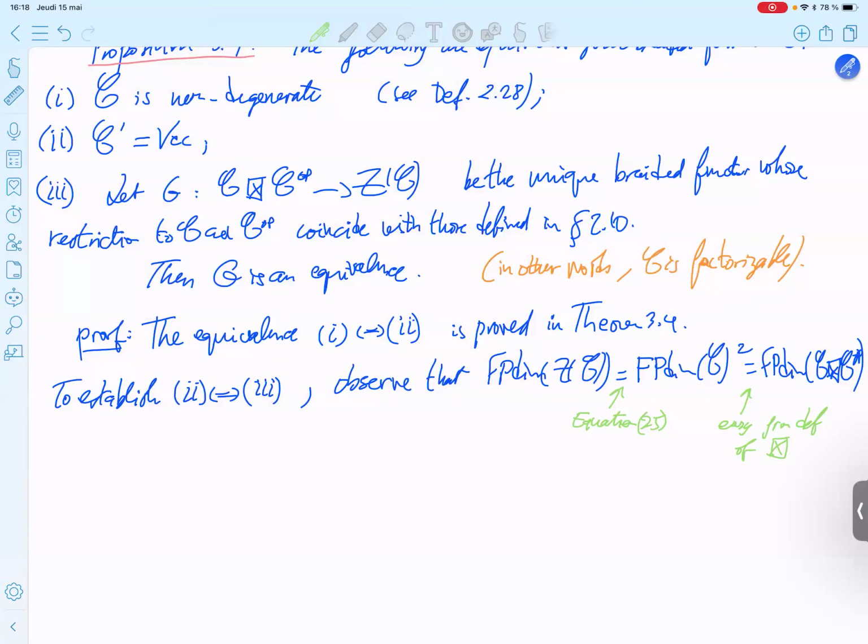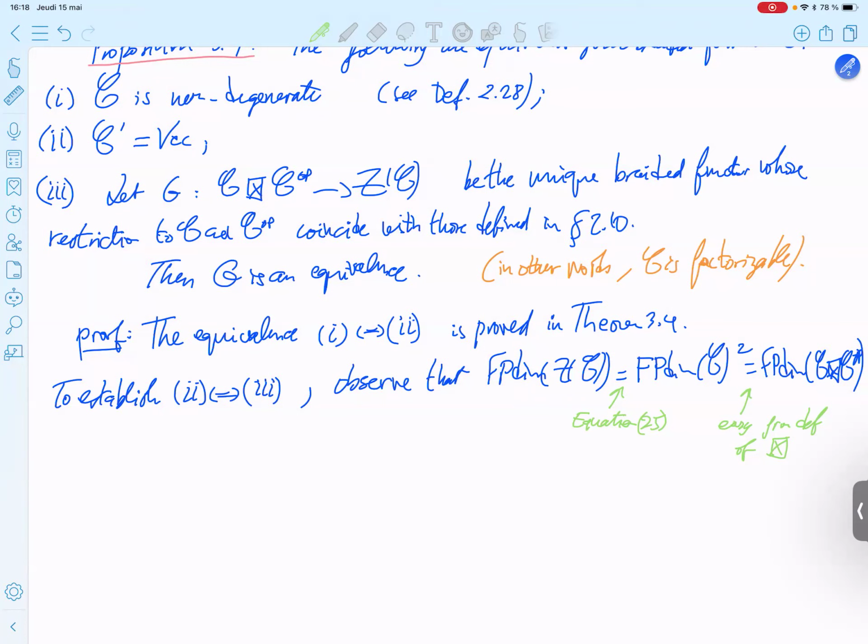But remember, in section 2, we stated a proposition involving an equality between Frobenius-Perron dimensions and fully faithful to get an equivalence. So using this equality between Frobenius-Perron dimensions and this previous proposition, we can reformulate as follows.